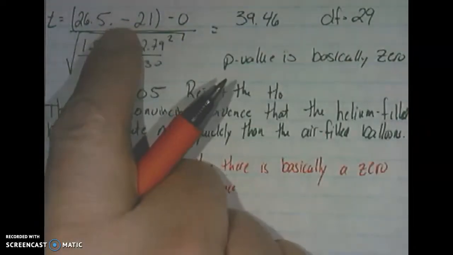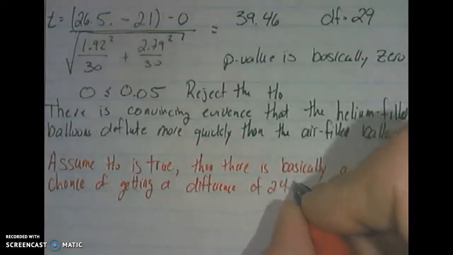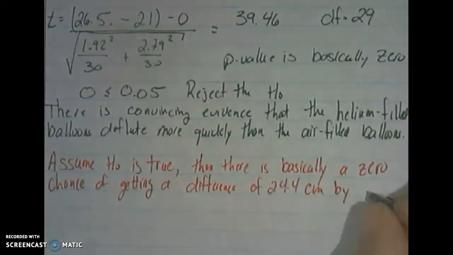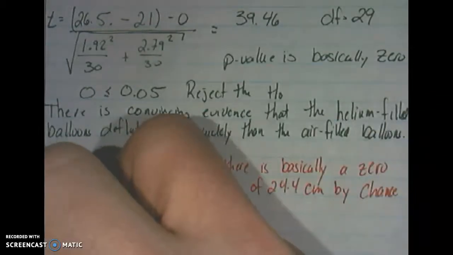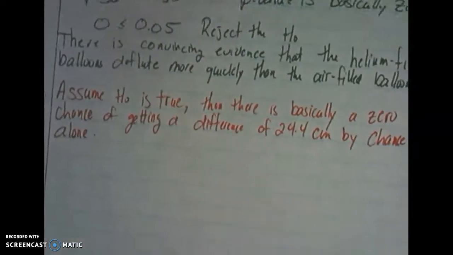If I subtract those two, it's like 24.4 by chance alone. Okay? Oh, my ugly face is covering it again.